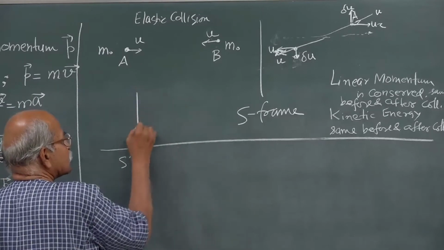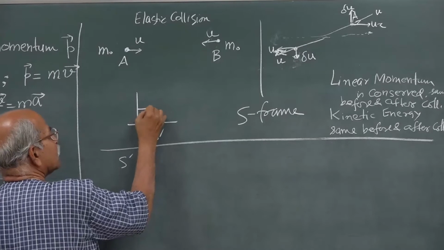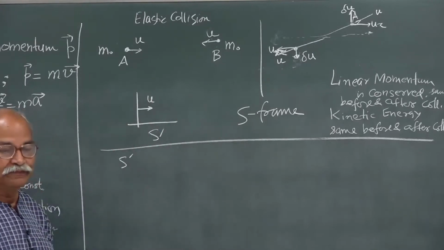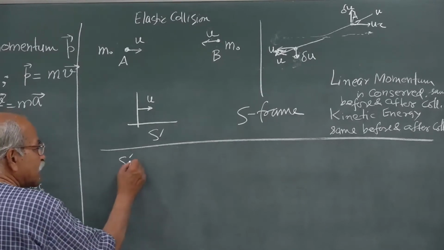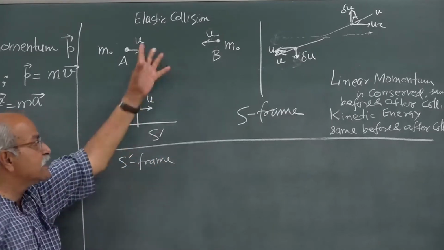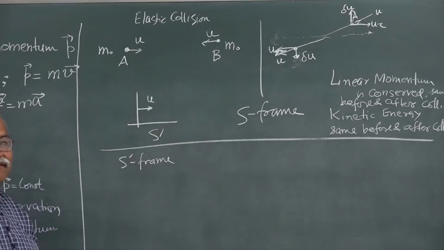So, if this is S, let us take S prime, which is moving with respect to S with a speed u. So, in this S prime frame, what will be the situation? What are the velocities before the collision and after the collision?